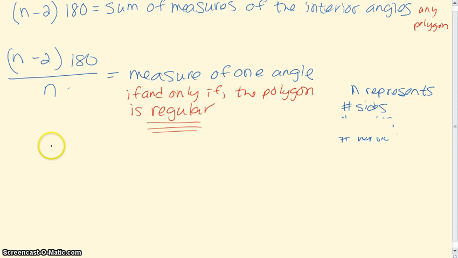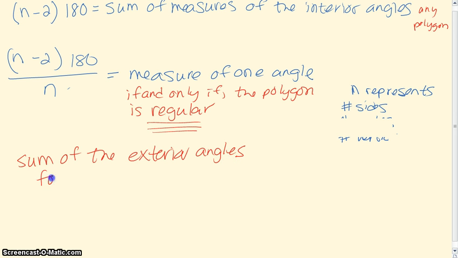And we also discovered that the sum of the exterior angles for any polygon is always 360.